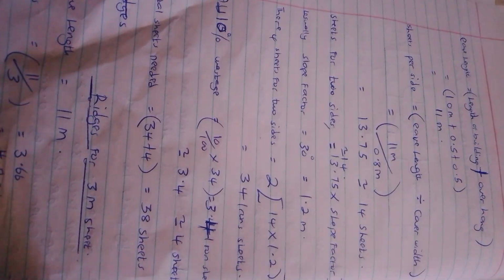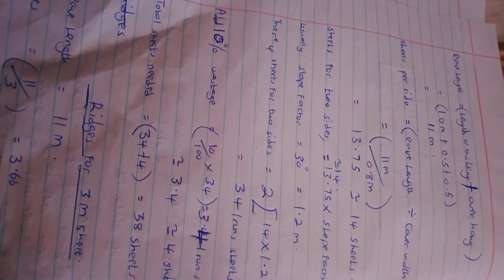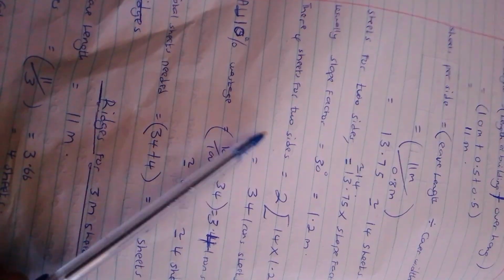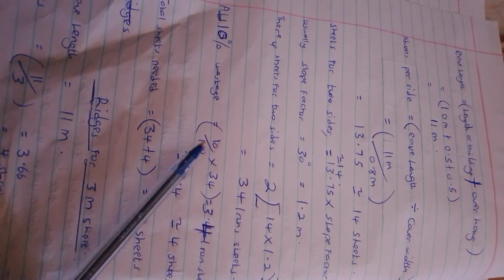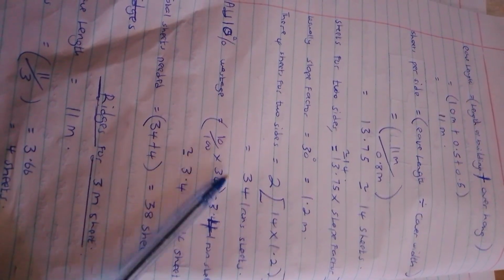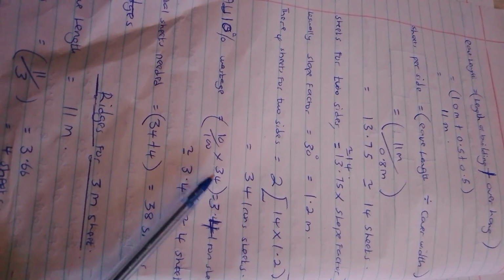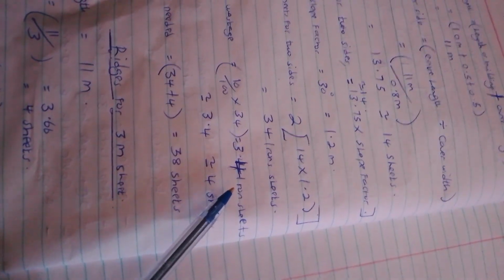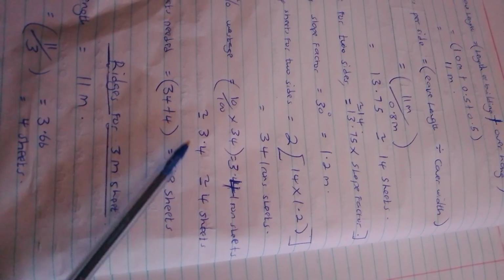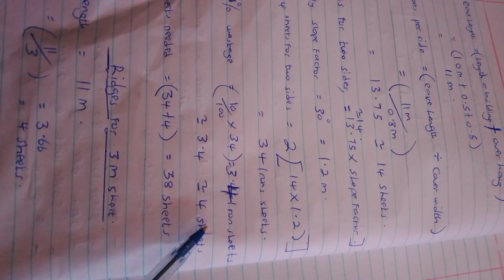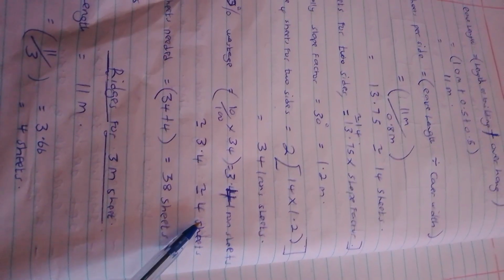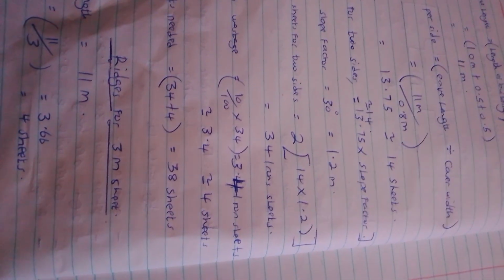As you all know, we have cuttings, so you must add 10% wastage. 10% of the 34 iron sheets gives 3.4 iron sheets, which we round off to the highest, so let's consider 4 sheets. Most fundis make a mistake and don't round off. When they are building, they run out of iron sheets, and the clients sometimes don't have money to buy more.